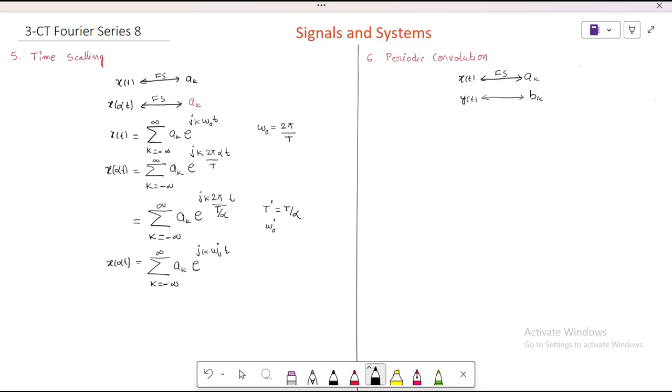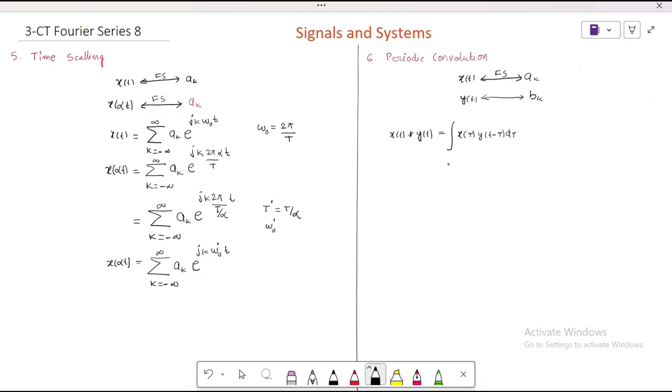Now convolution in the time domain: x of t convolved with y of t equals the integral of x of tau y of t minus tau d tau.